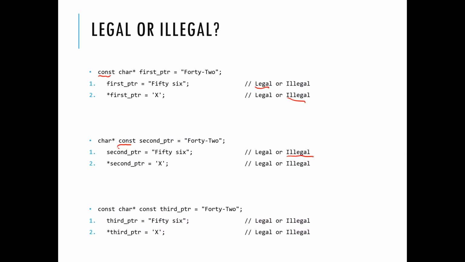I'm not allowed to change the pointer itself, and that's legal. Except it's not, because I have this string. Okay, and illegal, illegal, just because you can't do squat with this thing.